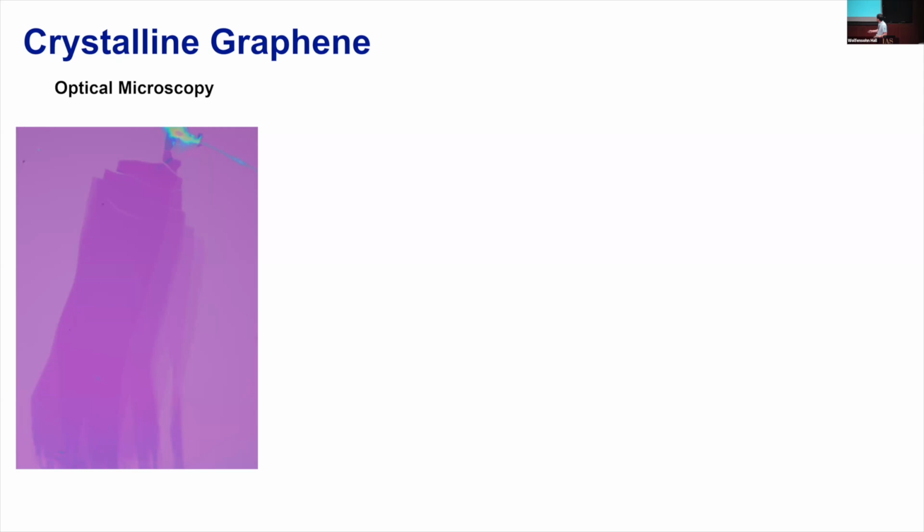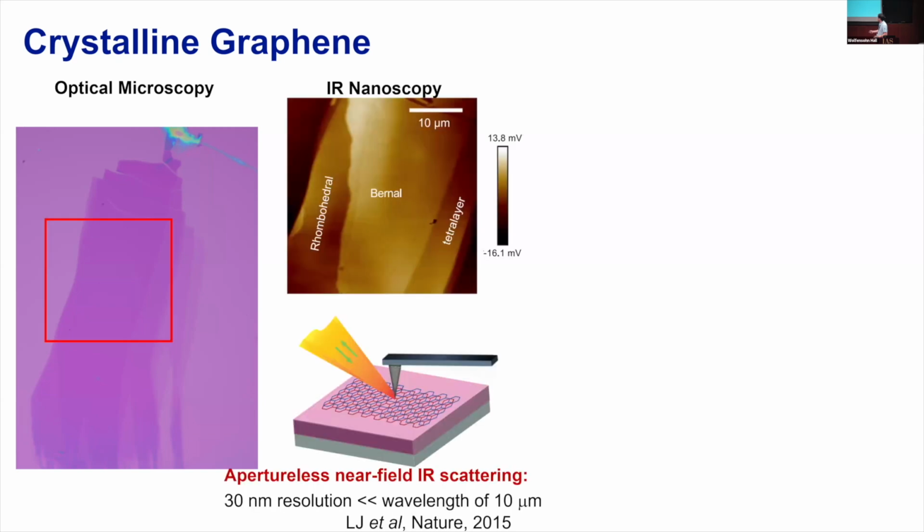Well, it turns out the graphene structure is much more rich than just having different layer numbers, because if you zoom in to this red box here, the majority of this box has uniform color, and that makes you think, oh, this is a homogeneous region. And if you count the contrast, you find out it's 5 layers thick. Well, it turns out there are internal structures within that 5-layer region that have bright and dark contrast.